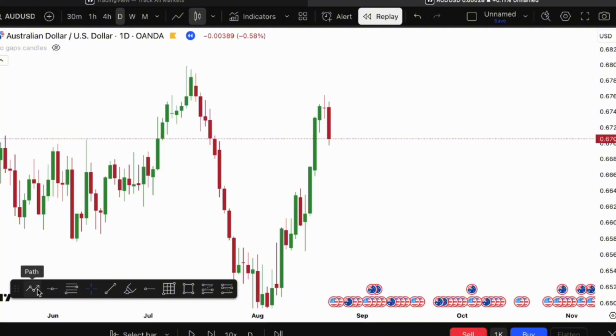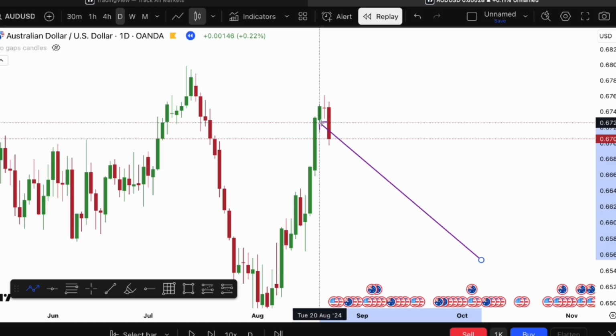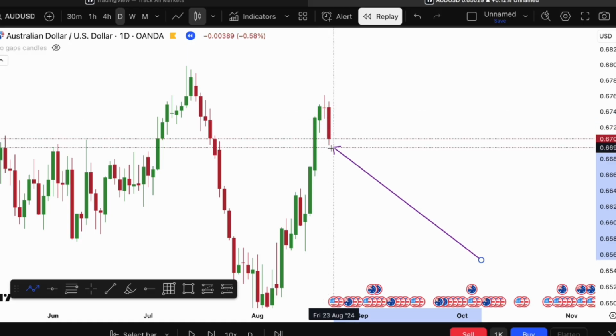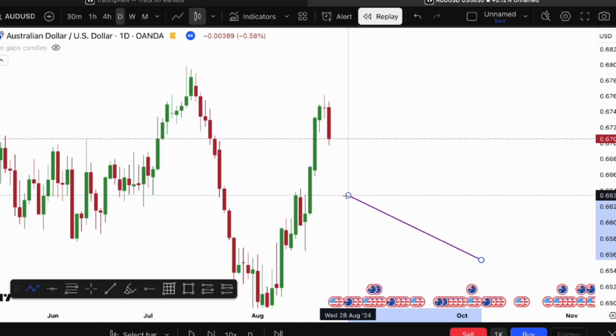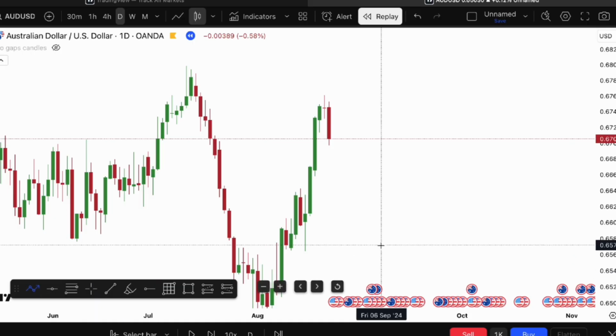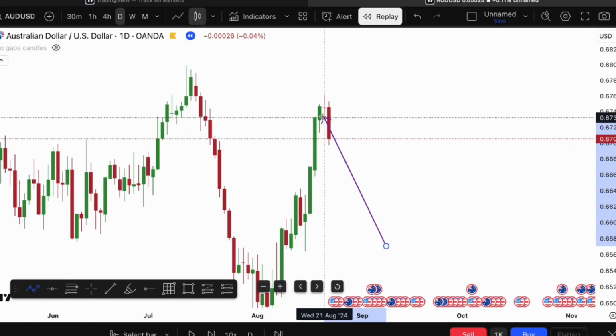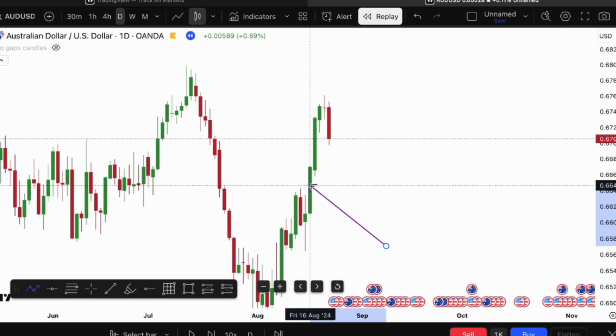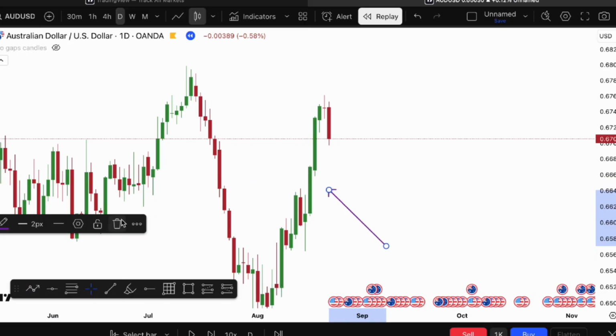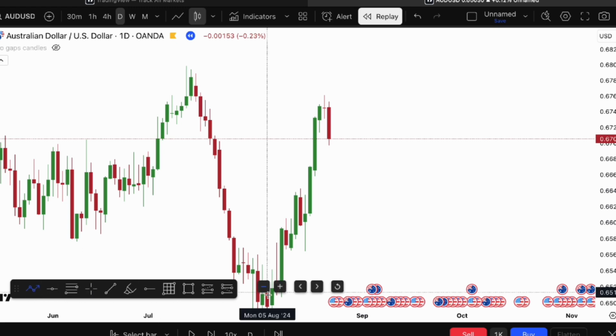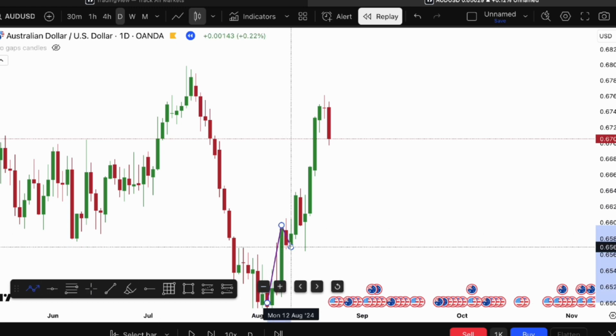After we identify our setup on the daily, so the trend, impulse, retracement at least to the 38, all one color, we want to identify if our impulse has closed above the highest point of the previous structure. So I'm going to draw it one more time. This was the uptrend.